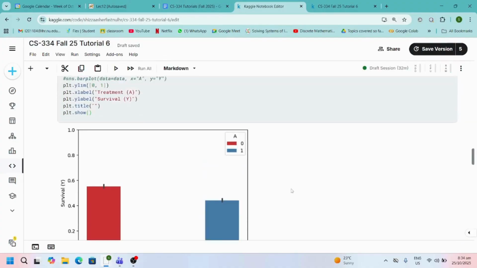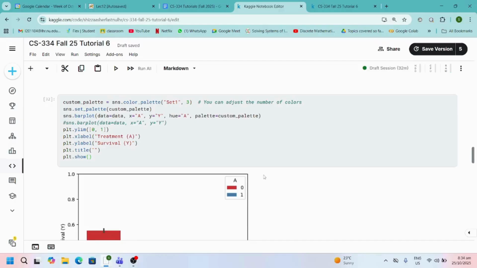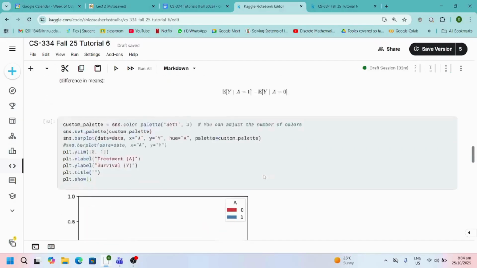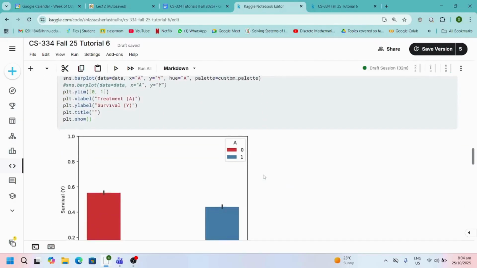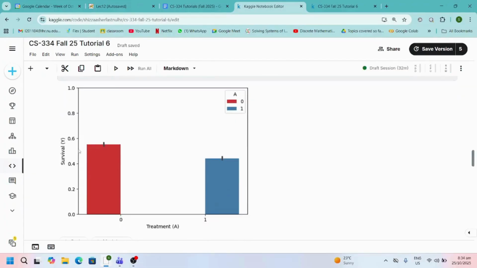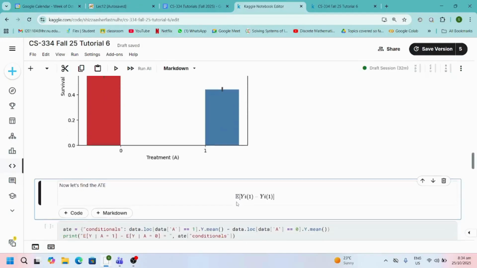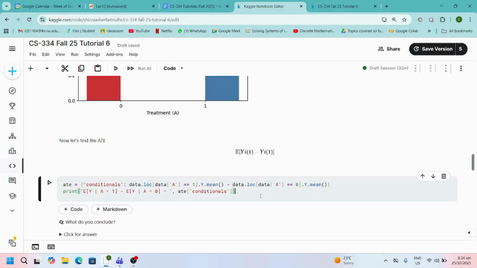And these are the averages that I have been able to compute. So these are what my averages come out to be. When I take a difference of these averages, this is what I get.